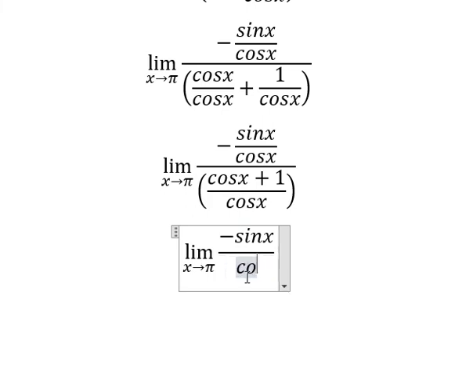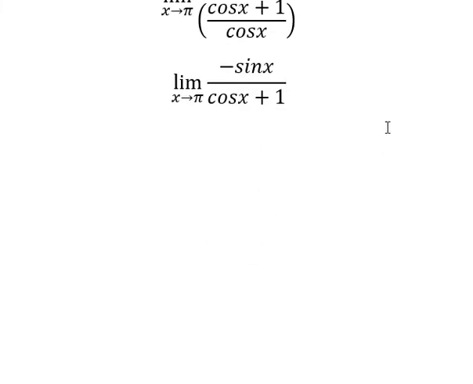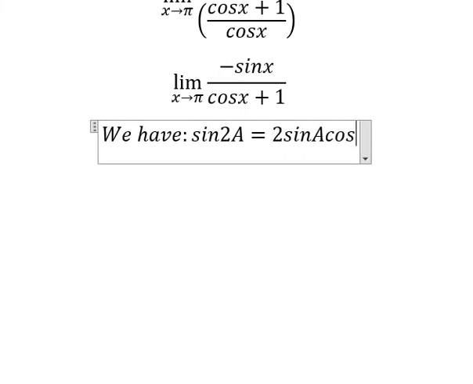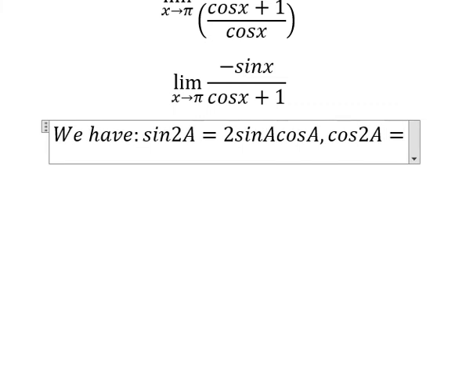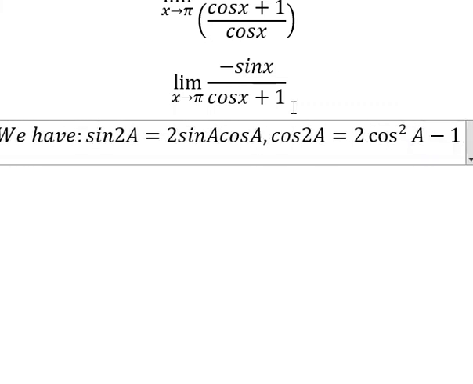Next, we have two formulas in here. That is about sine 2a equals to 2 sine a cosine a, and cosine 2a equals to 2 cosine a square minus 1.